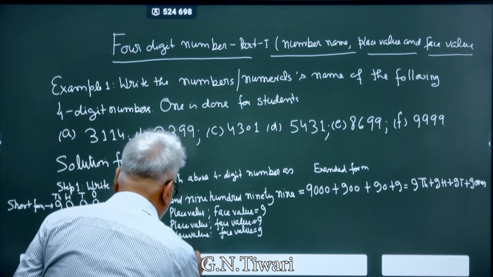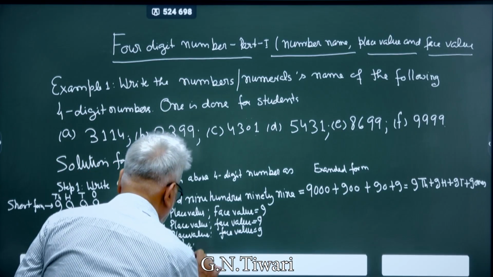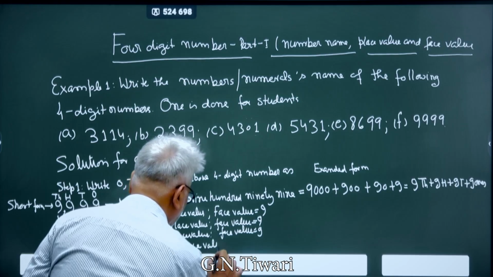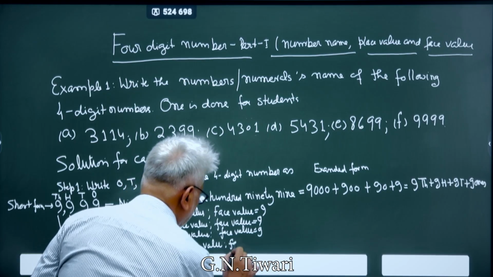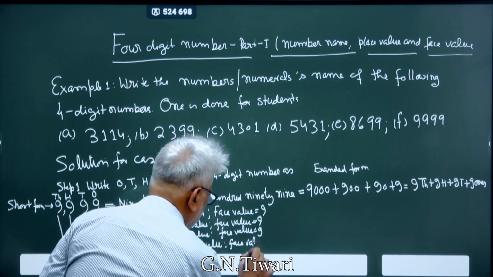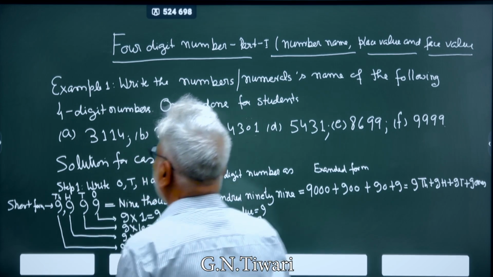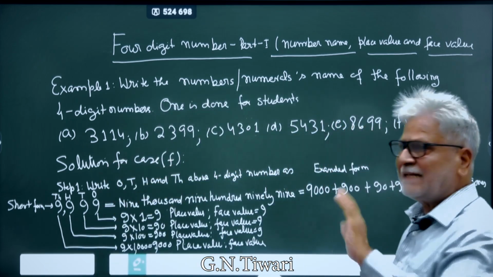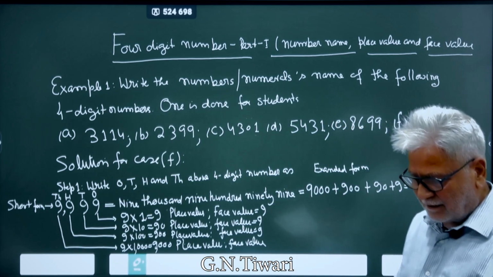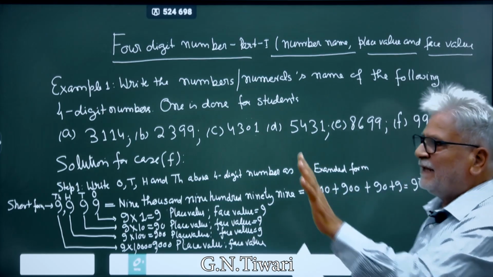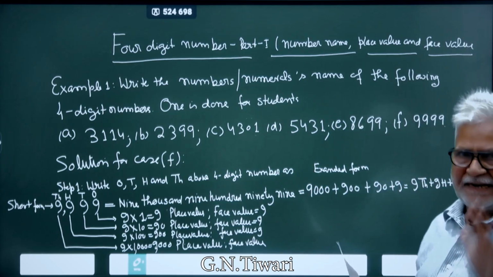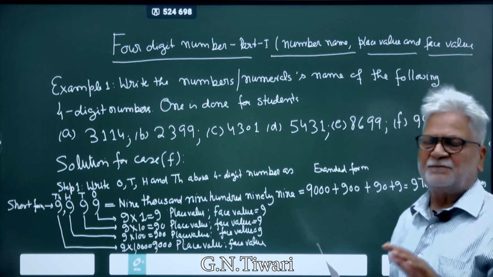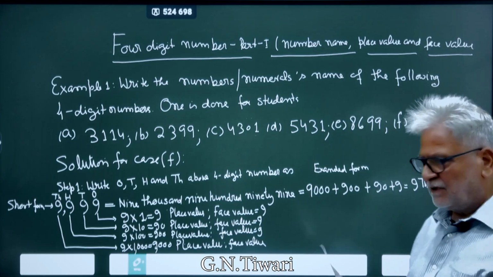This is the place value and this is the face value. I have given the example for 1 digit, and the same thing can be repeated for the other places. That is one way of writing number name, expanded form, face value and place value.